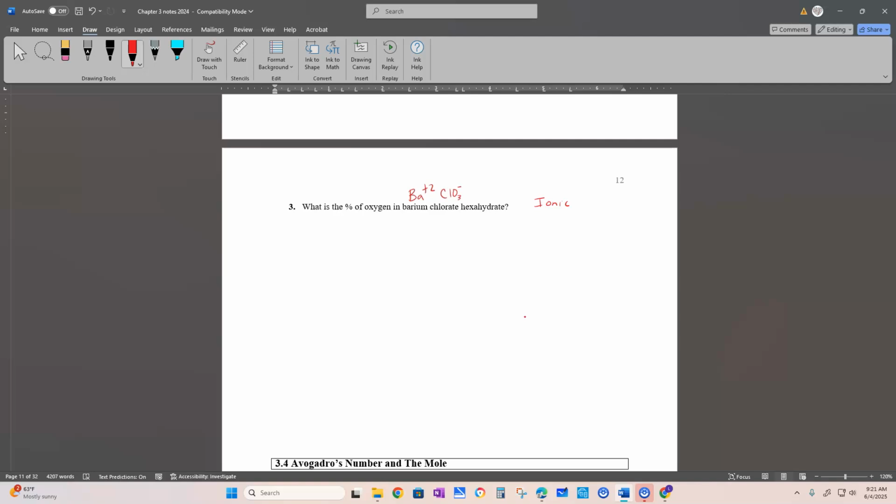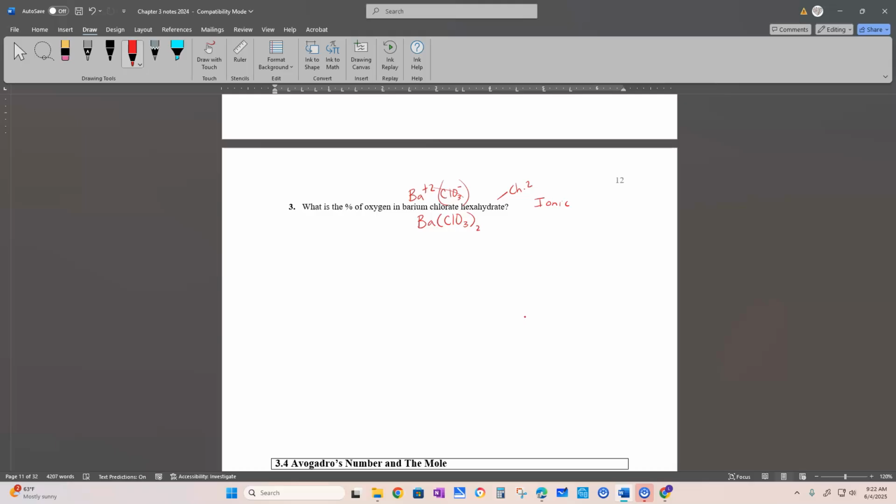So when I crisscross that, I get Ba. Now because this 2 comes over, I got to crisscross, and I got to use some parentheses. So Ba(ClO3)2.